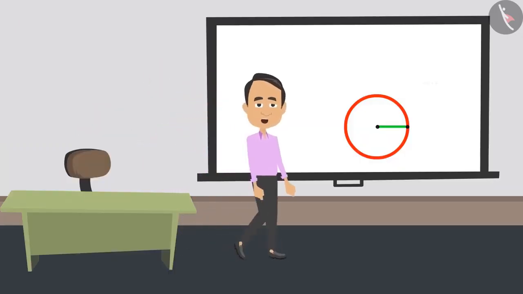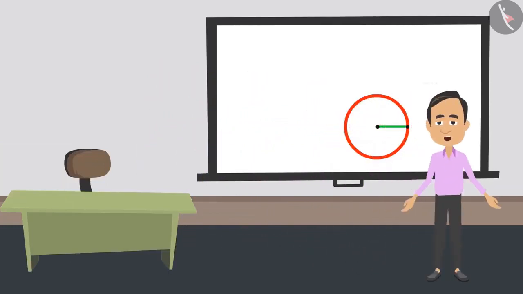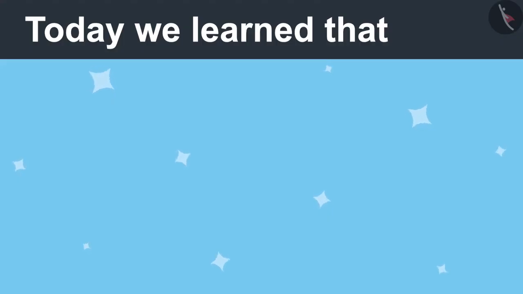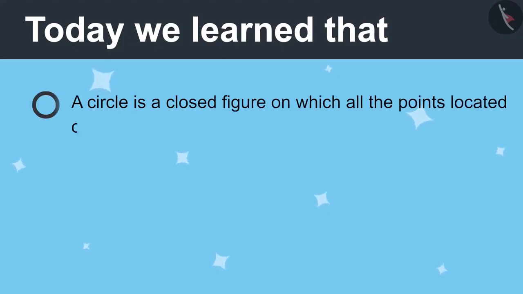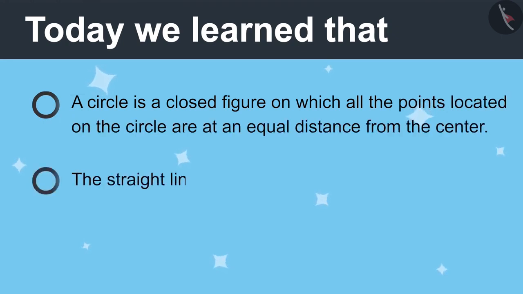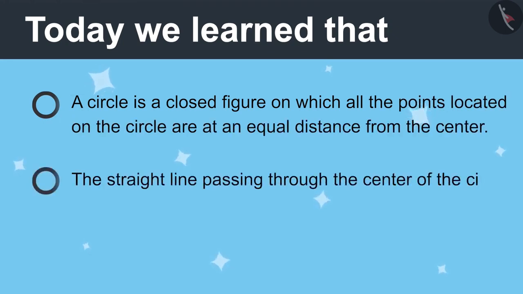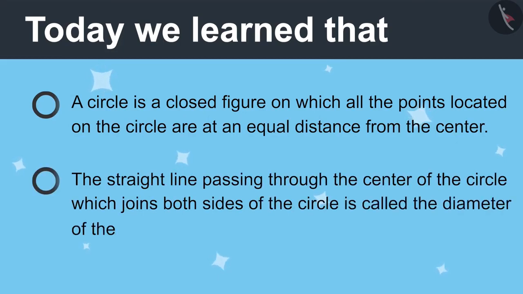Absolutely right. Now you have understood how to measure a circle. So, now you can measure the wheels you were asking about. Today we learned a circle is a closed figure in which all the points are at the same distance from the center. The straight line passing through the center of the circle, which meets both sides of the circle, is called the diameter of the circle.